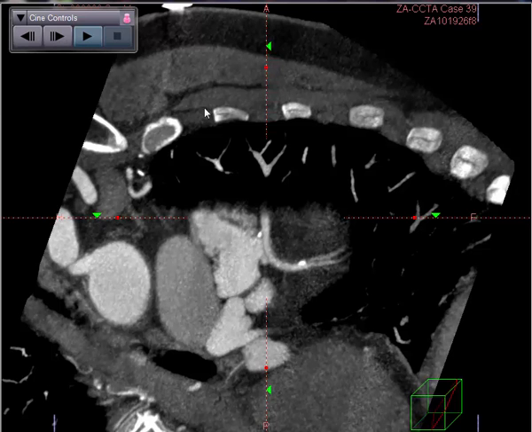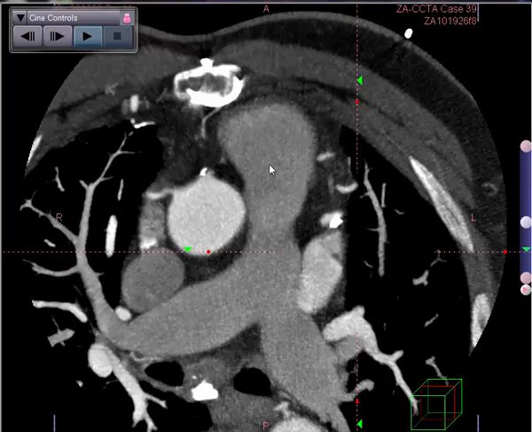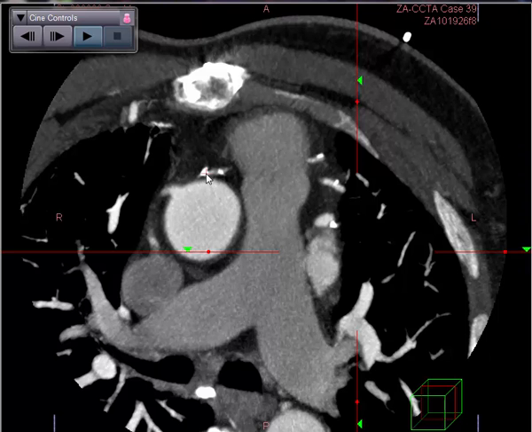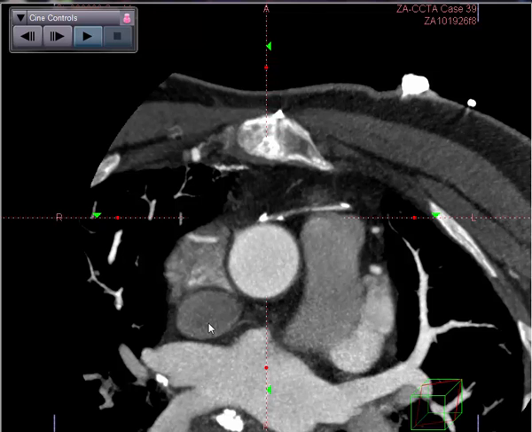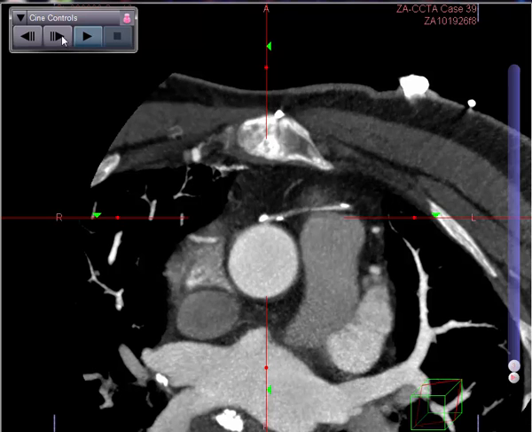Let's switch again, get a little better idea of that, what we thought might be a free radial graft. And this vessel is much more difficult to evaluate. If we look at the origin of this, this is a very small vessel with relatively hazy flow in the area. Let's see if another phase will help a little bit better.